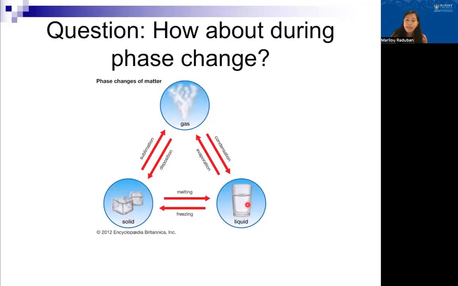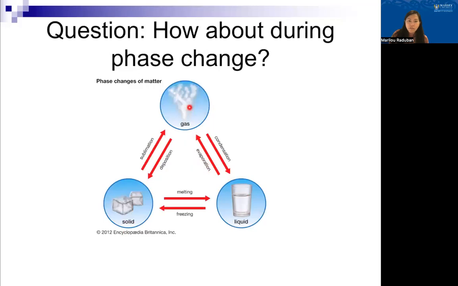And if we heat up water, then the temperature of that water will initially increase until it reaches boiling point. But if we keep heating up, that water will boil, and as it boils, liquid is converted to gas. So water is converted to steam, and you have this phase change called evaporation.